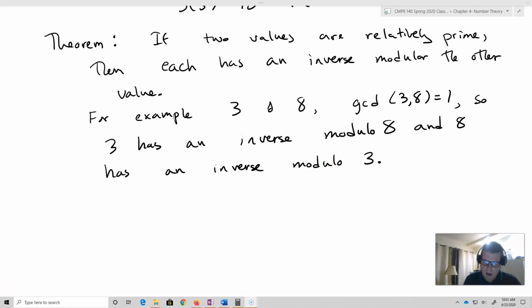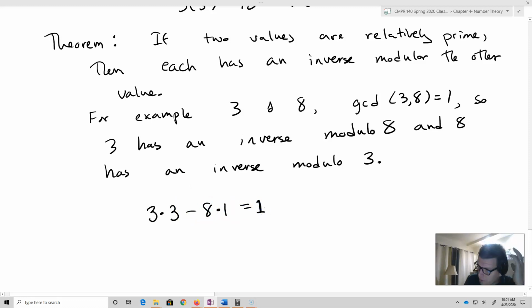For right now, you can go and figure this out on your own. But the linear combination for 3 and 8 that gives us 1 is 3 times 3 minus 8 times 1 equals 1.